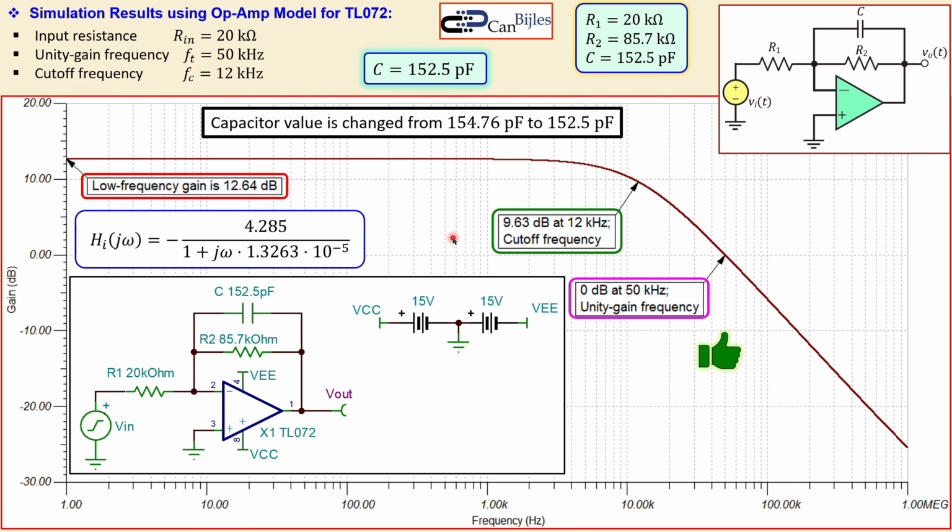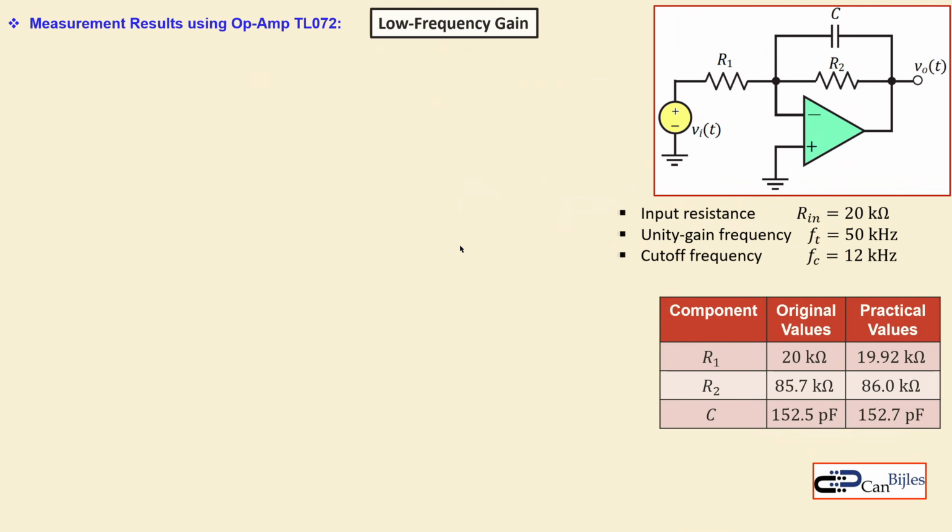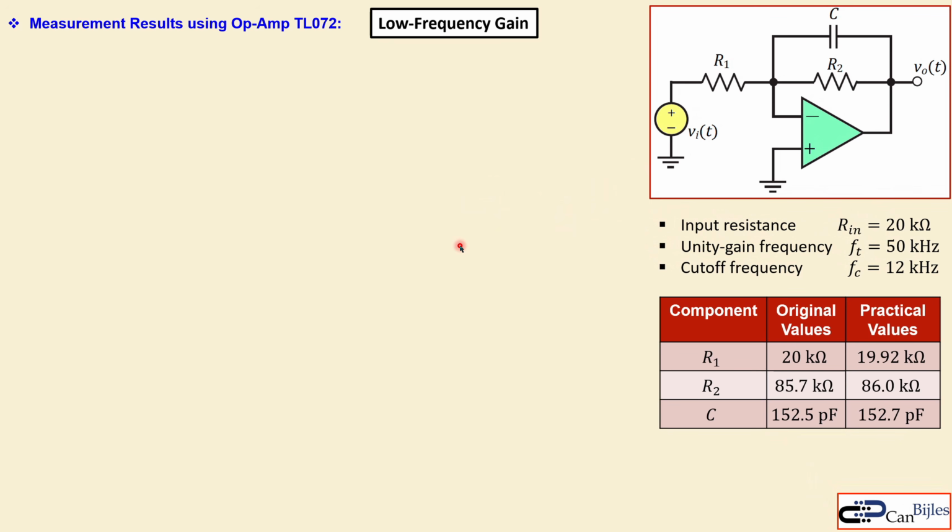Okay. Now let's then move on and see what we can do in this case. Now the measurement results are of course very important. Now we measure the circuit using this op-amp TL072. But in order to get the R1 and R2 very close to what I have originally calculated, I could not get any closer than this one, so I have now 19.92 kilo ohms.